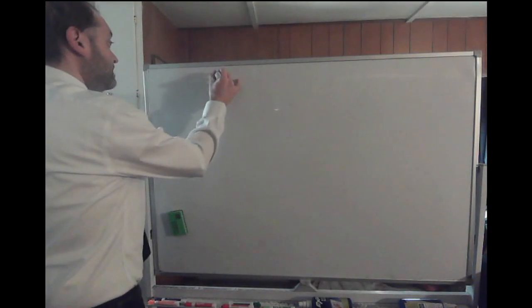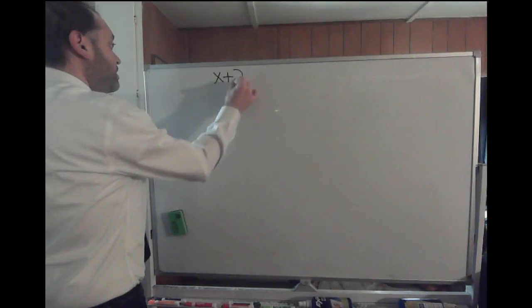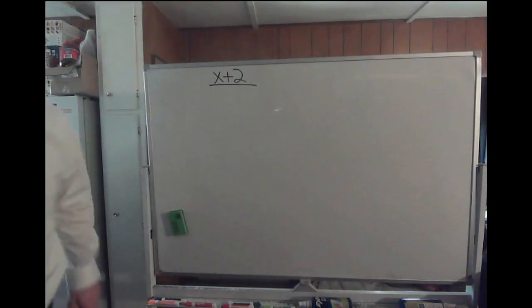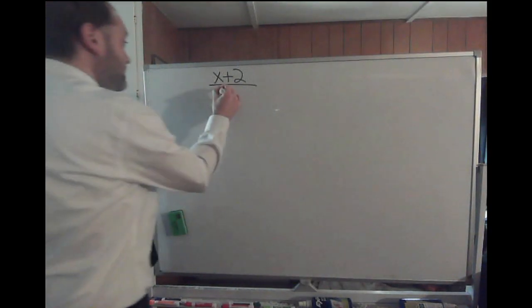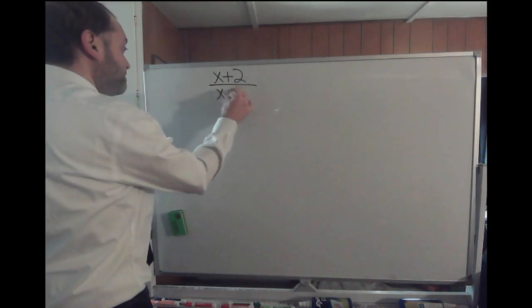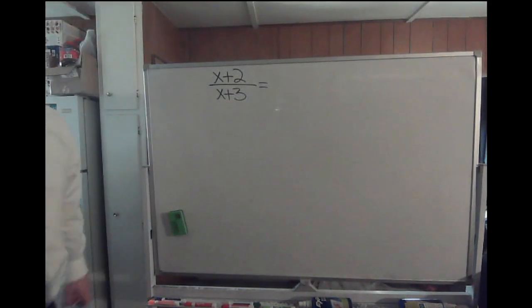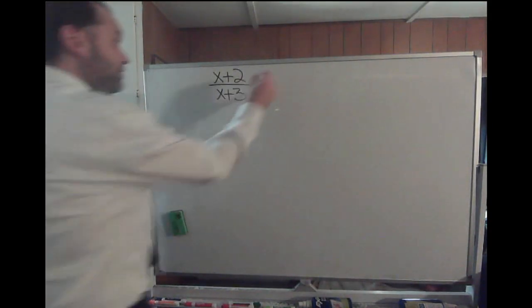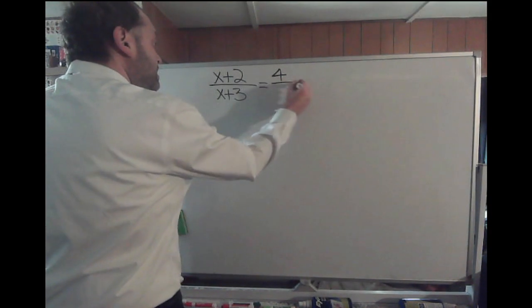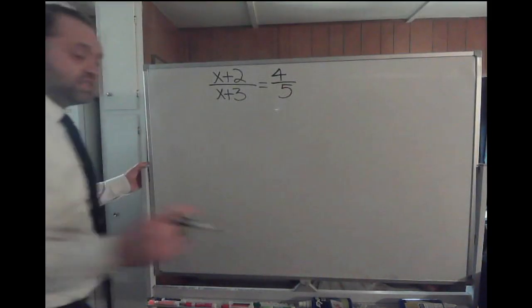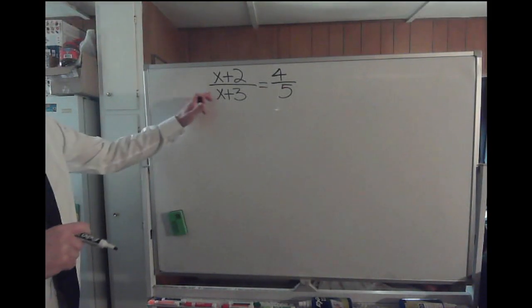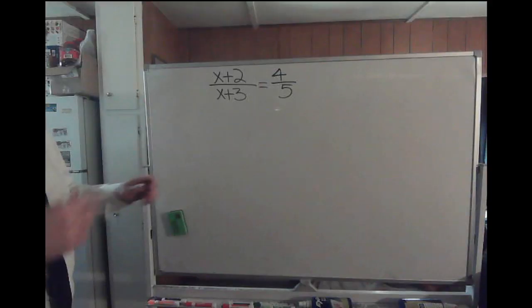Okay, so a little bit different now. We have the quantity of x plus 2 over the quantity of x plus 3, and that is equal to 4 over 5. Well, we should have done this in the past couple of exercises that had a variable in the denominator.